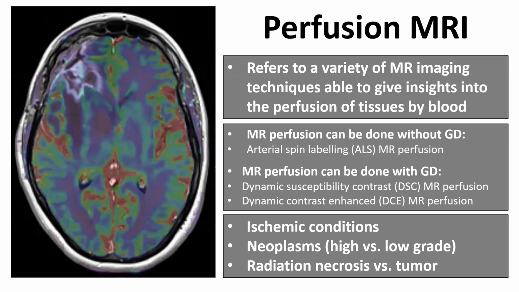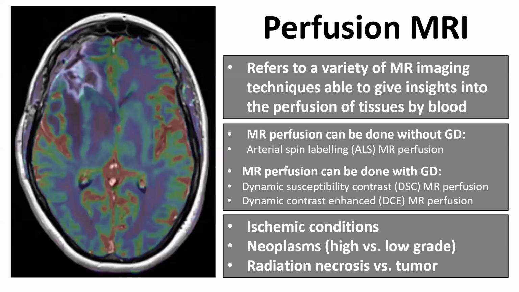This can guide treatment decisions. It's also used a lot in brain tumor patients because it can give us an estimate on whether or not we are dealing with a high-grade or a low-grade tumor, and it is used in the follow-up of tumor patients, and especially in patients who have received radiation therapy, it can be extremely useful.